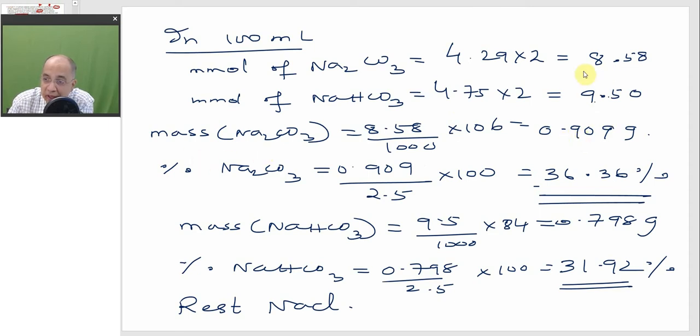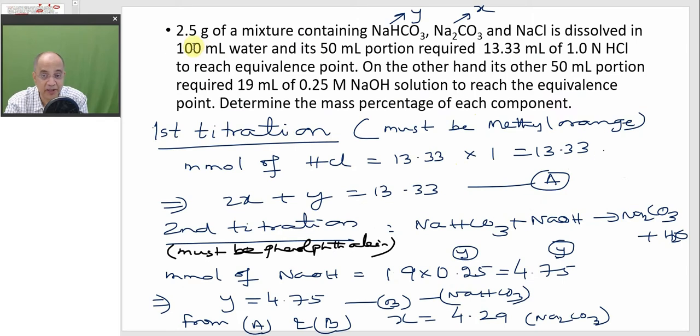So mass of sodium carbonate is 8.858 by 1000 into 106, this much gram. Mass of sodium bicarbonate is 9.5 by 1000 into 84, this much gram. And the total sample mass is given, because sodium chloride is present as an impurity, so the total mass of the impure sample is given.